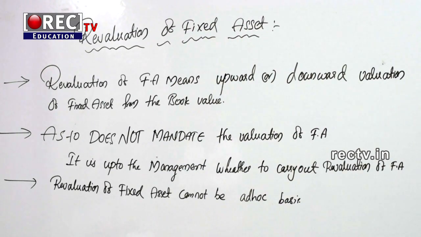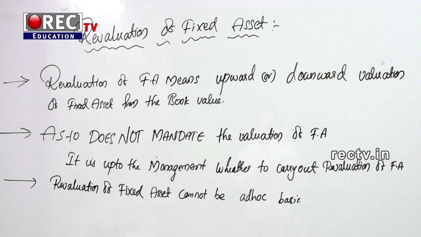Now we are going through revaluation of fixed asset. Revaluation of fixed asset means upward or downward valuation of fixed asset from the book values. Now AS 10 does not mandate the revaluation of fixed asset. It means AS 10 does not say anything about revaluation of a fixed asset.